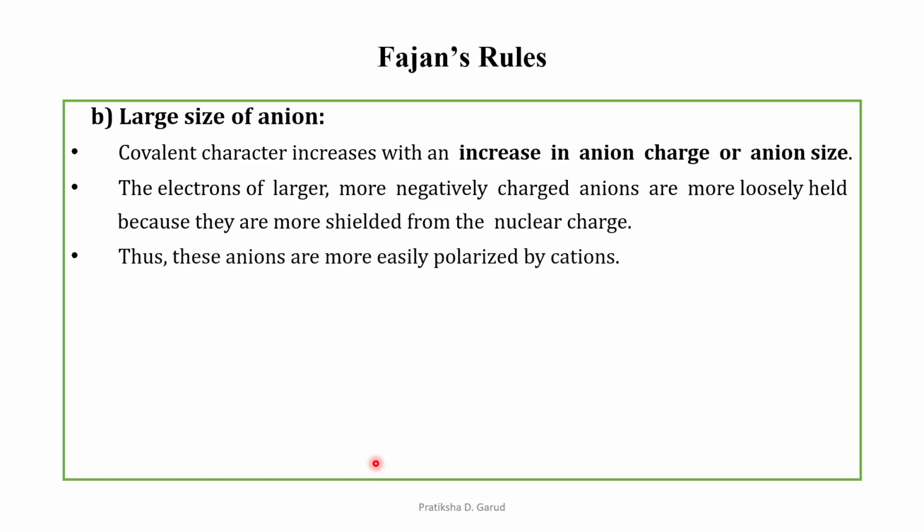Thus, these anions are more easily polarized by the cations. For example, let us compare lithium bromide with lithium phosphide, Li3P. Here we have to consider the charge effect. That means as the charge on the anion increases, the covalent bond character also increases.